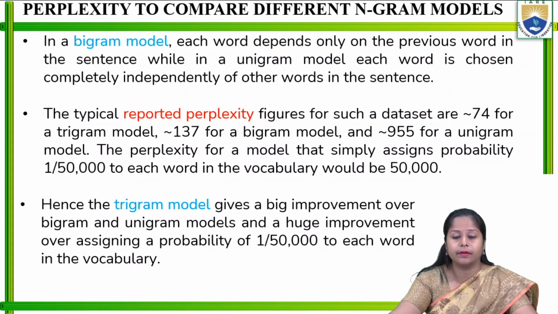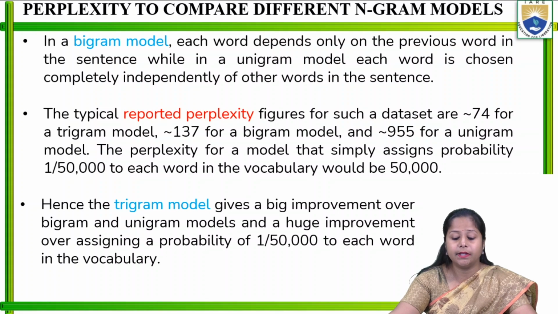When we apply these models, the typical reported perplexity figures for such a data set are 74 for the trigram model, 137 for the bigram model, and 955 for the unigram model.